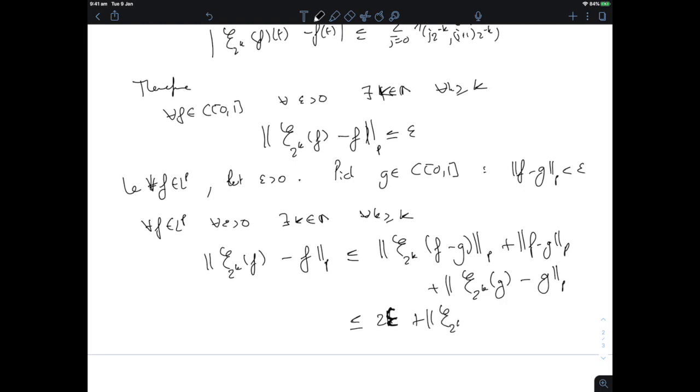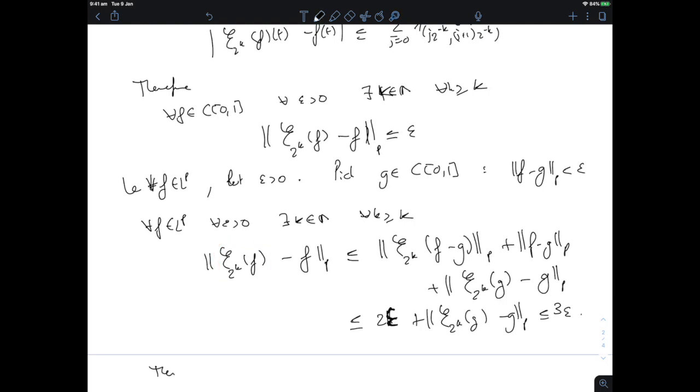plus E2k g minus g. And so the whole thing can be made smaller than 3 epsilon by taking k large enough. And what was E2k of f? Well, it's a finite linear combination of elements in the basis.